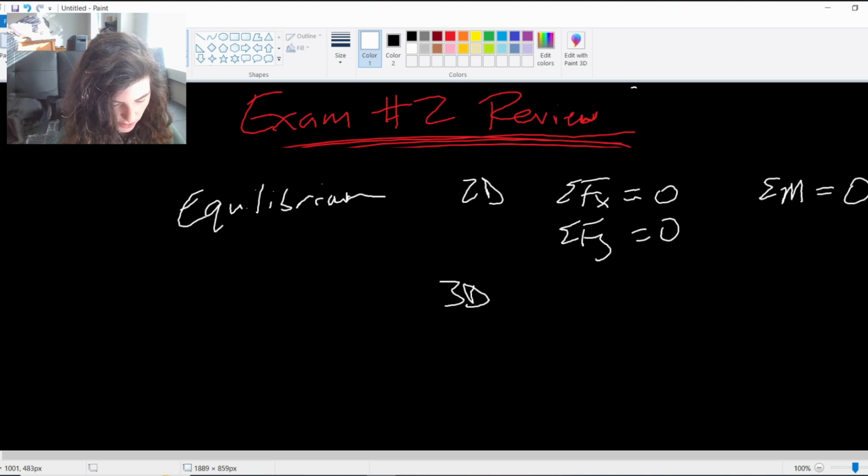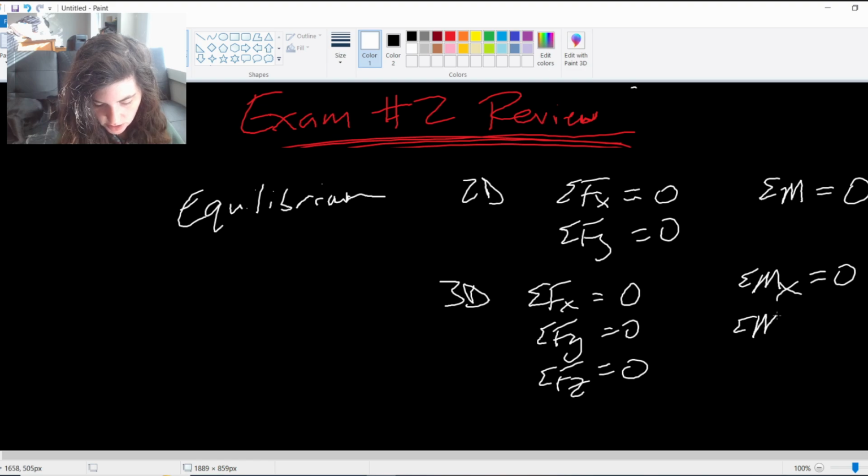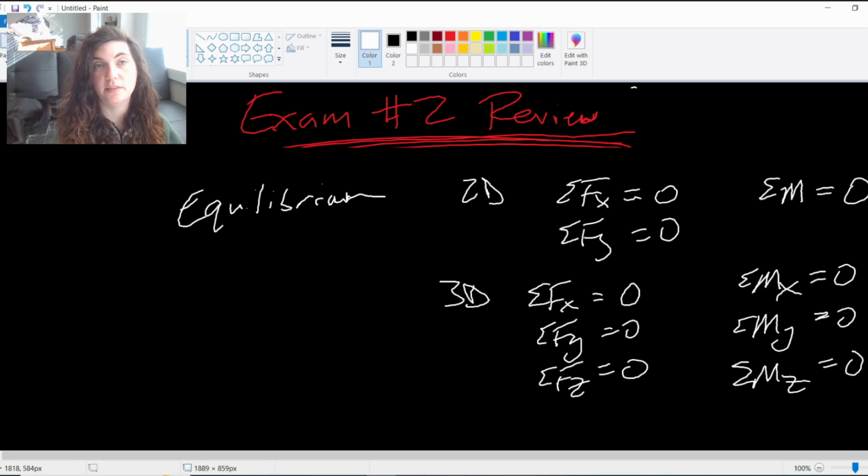And then in 3D, we had 6 different equilibrium equations that we were applying, right? The sum of the forces in the x, y, and z direction, and then moments about the x-axis, about the y-axis, and about the z-axis.